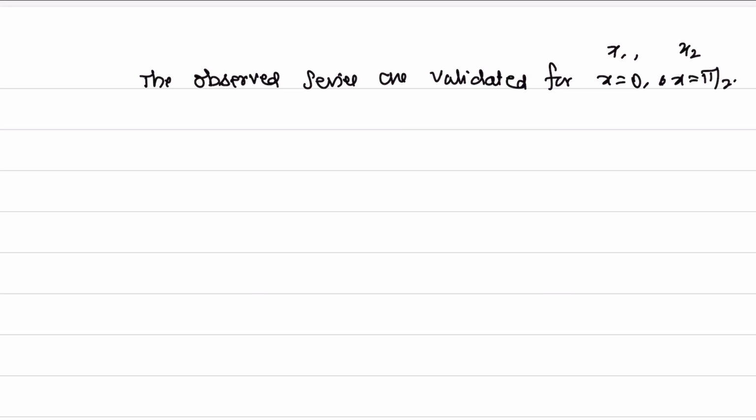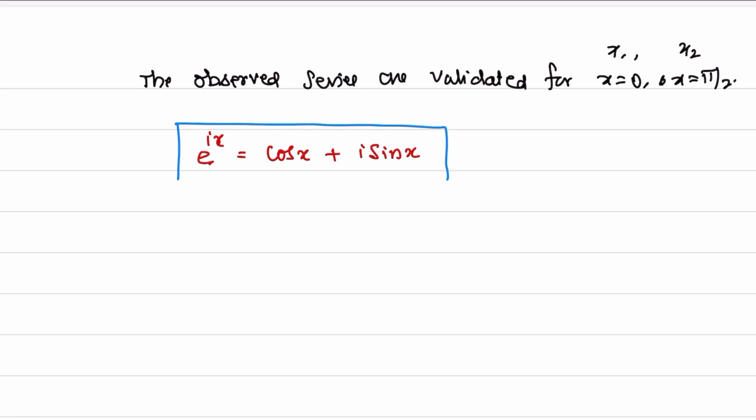Hence, what we have studied till today, e to the power of ix is equal to cos x plus i sin x, is a valid equation. We have just verified it from what we have derived.